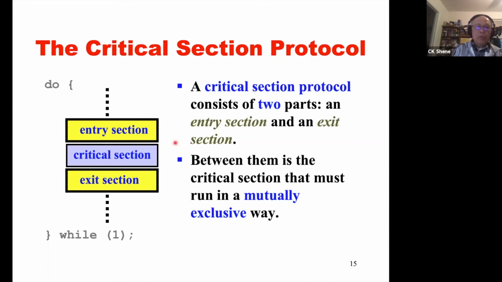That is, for each critical section for the same variable, say count, we have an entry section here and an exit section here, so that these 2 sections work together to make sure at any time there is at most one process in the critical section that corresponds to the same commonly shared variable.